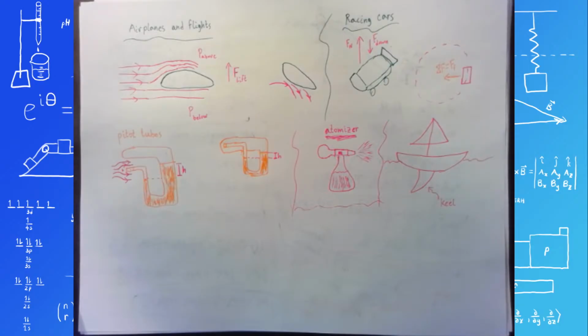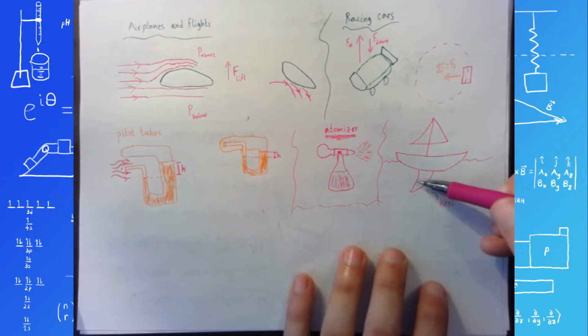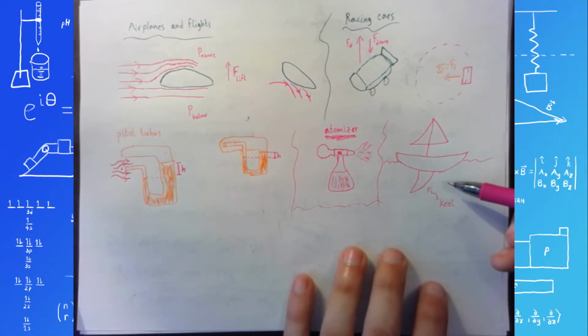So the way a keel works is when the boat tilts and creates an angle, that's where the keel creates two separate sides under the water, where on one side the water is flowing faster and on the other side the water is flowing slower.